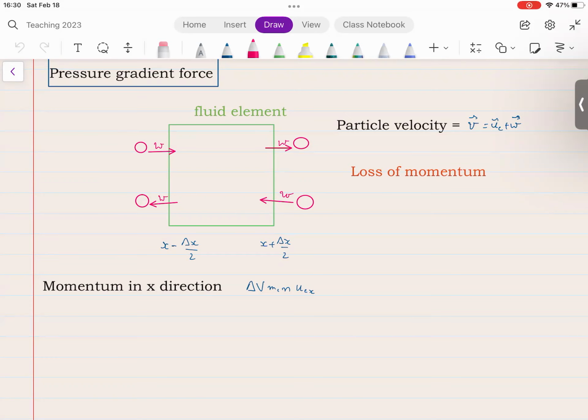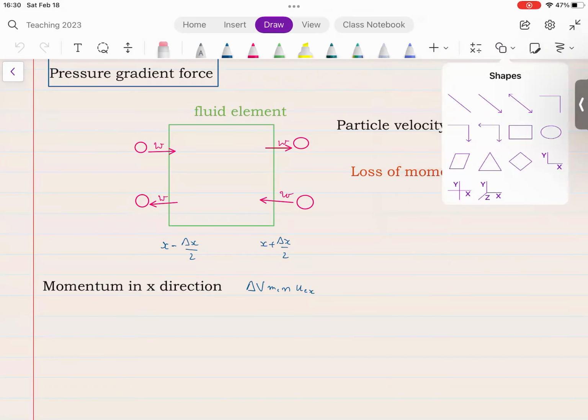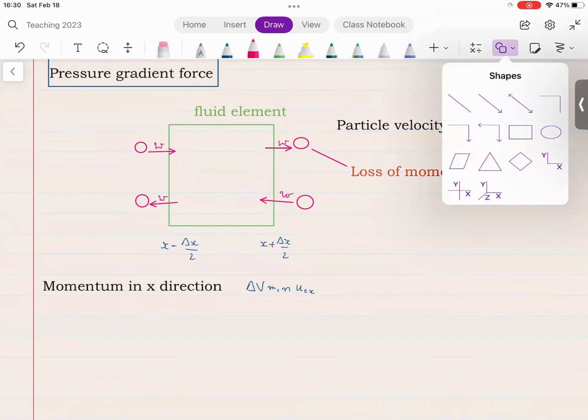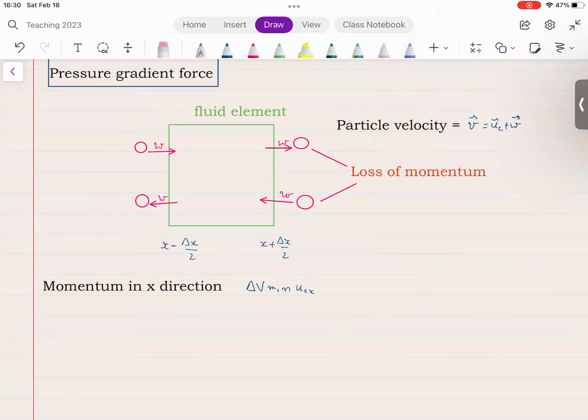You'll say, well, sure. If not, let's spend a moment on it. And we only need to do it on this side. It's going to be the opposite on the other side. Okay, what is happening here? The particle on top is moving faster than the average velocity of the particles in the fluid element. And then it goes away.